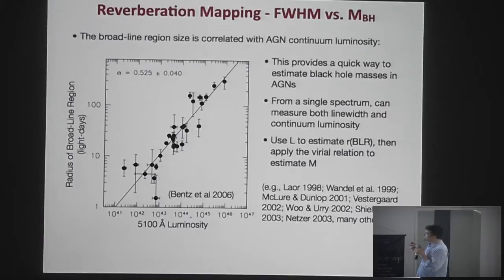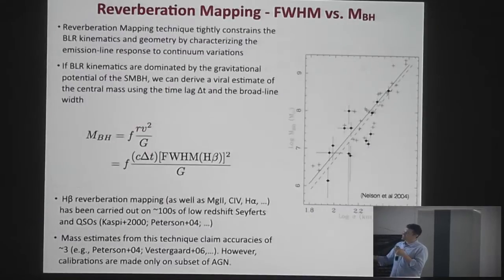And so what this does then is provide a very quick and easy way to estimate black hole masses. Essentially, if you have the luminosity, you know the radius of the broad line region for that particular black hole. If you know the radius and you measure the full width half maximum, you have the black hole mass.